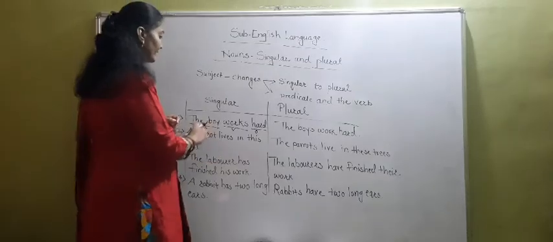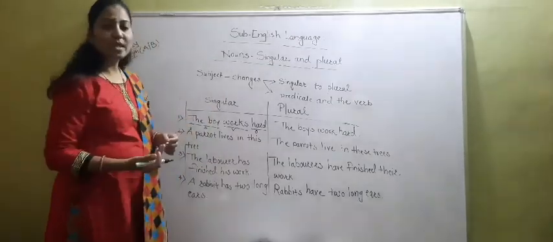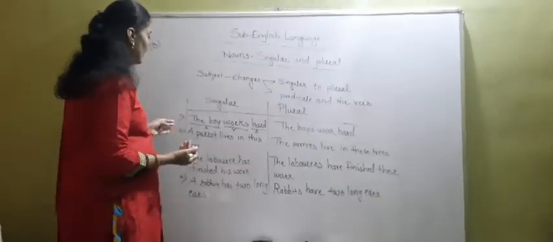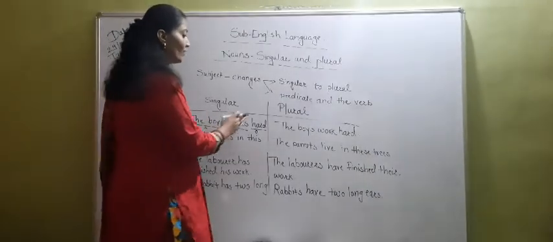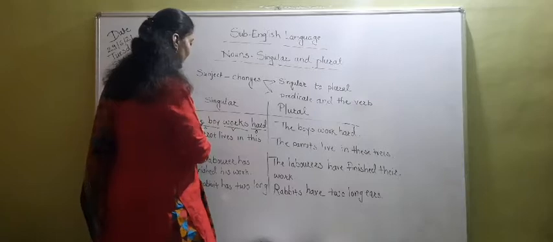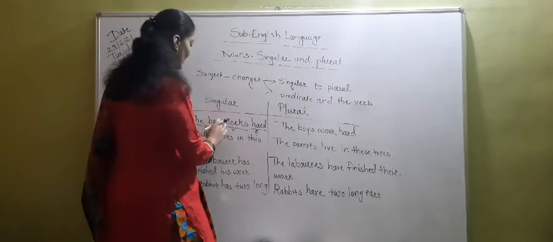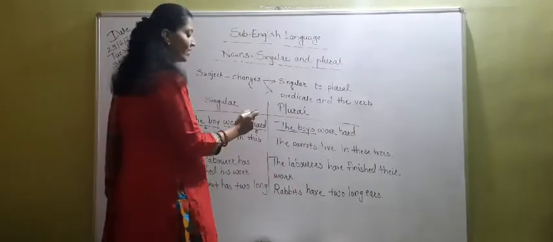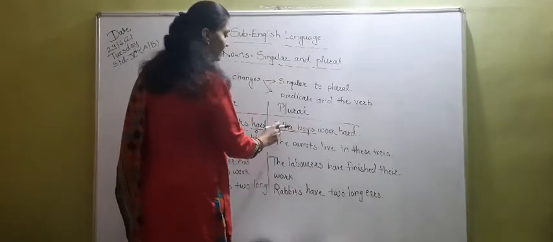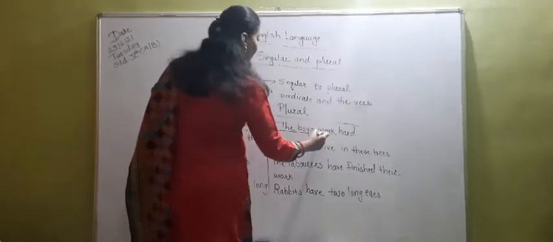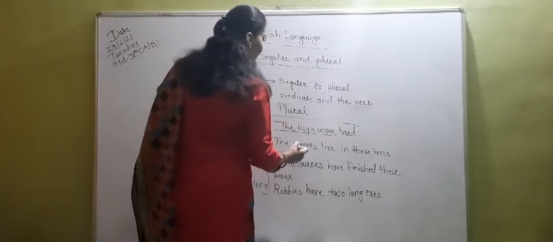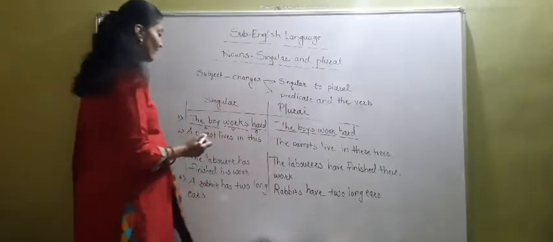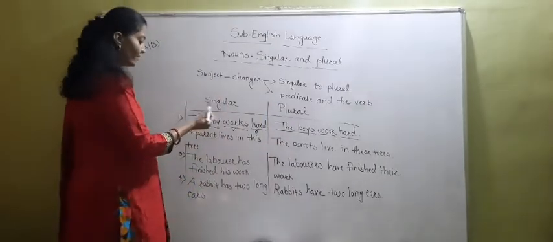Now students see, this sentence is in a singular form. So when we want to make it plural, we will change the subject from singular to plural. Means we will make the subject plural. So we will add s to the boy, and we will make the sentence the boys work hard, like this. Okay. Have you noticed this change?